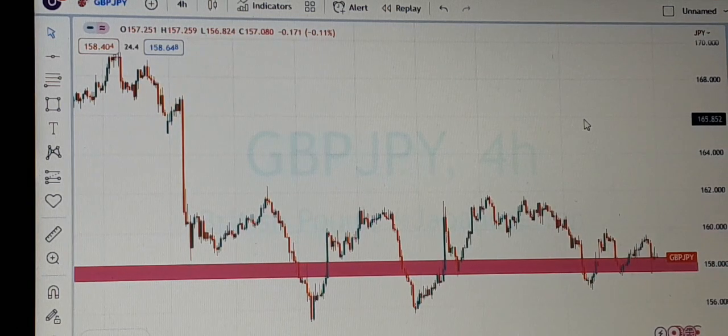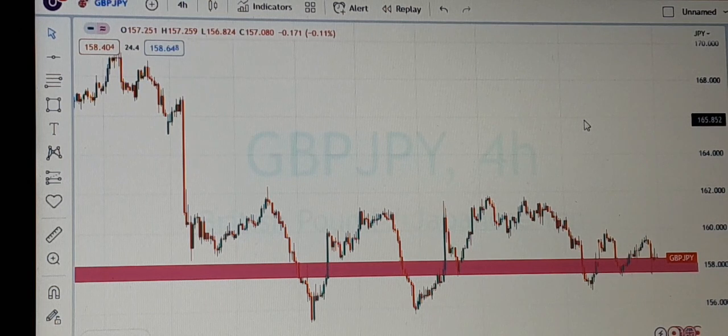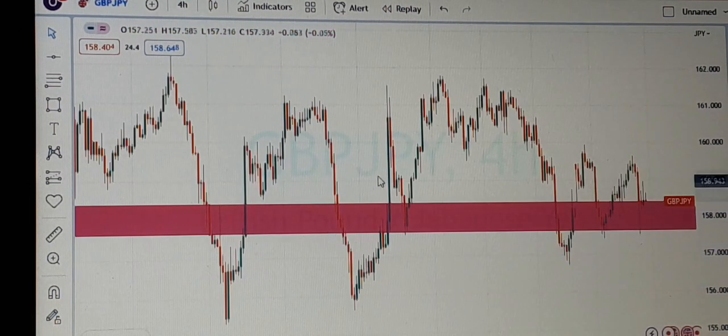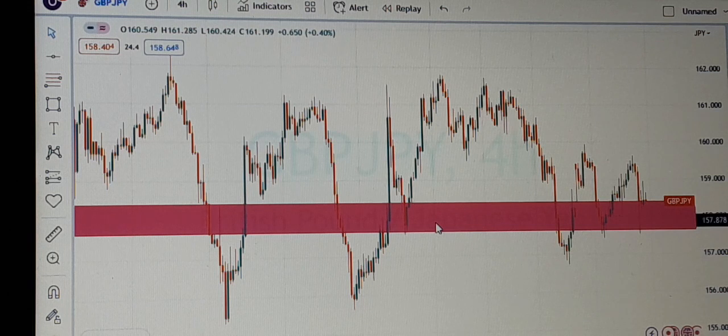Is that a good zone? Is that really a good zone? For me, it's a good zone. Why? Look at how price used to operate from that area. Right here, bigger candles coming from that area. It means that this is where banks make their decisions, either to buy or to sell.